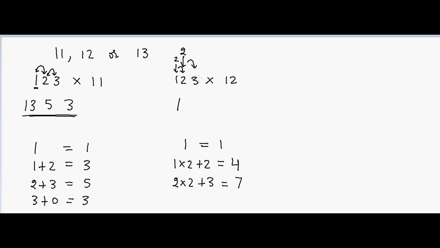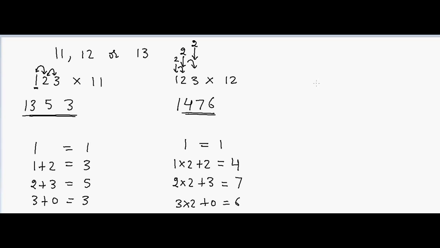And then for the last digit I'll take the last digit and multiply by 2. So 3 into 2 plus 0, that will be equal to 6. So the answer will be equal to 1476. So basically I am multiplying each digit by 2 and then I'm adding the next digit into it.